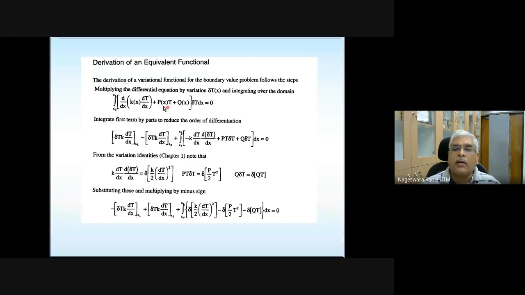And this is a second order differential equation, so you apply integration by parts on the first term. The other terms remain as they are. When you apply integration by parts on the first term, that results in two boundary terms and one integral term. Please take a note of it.